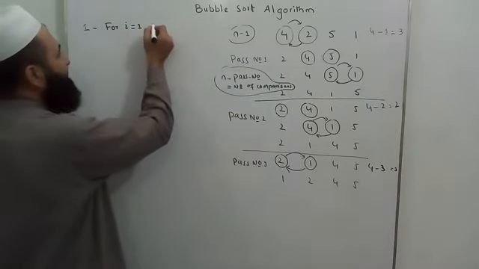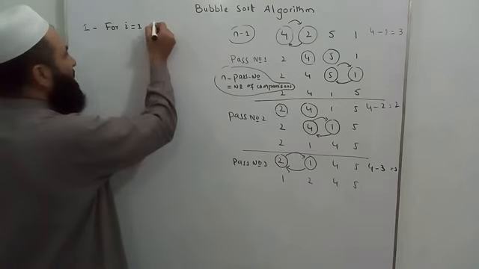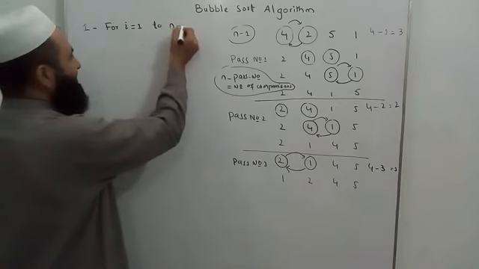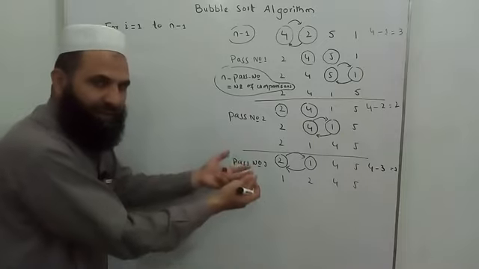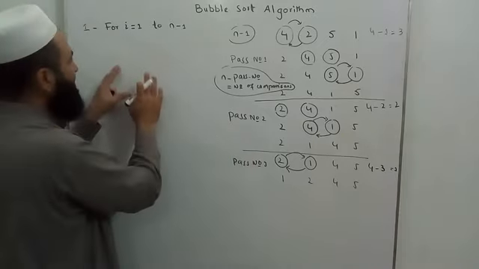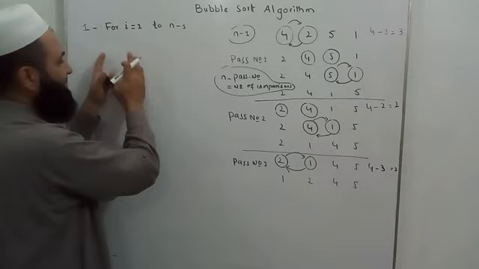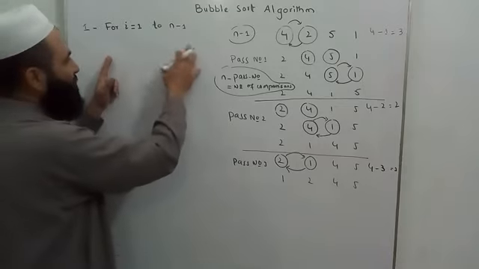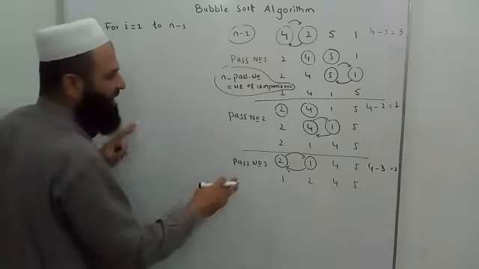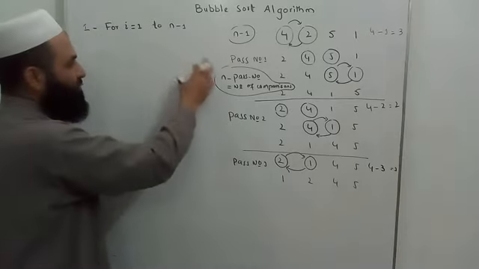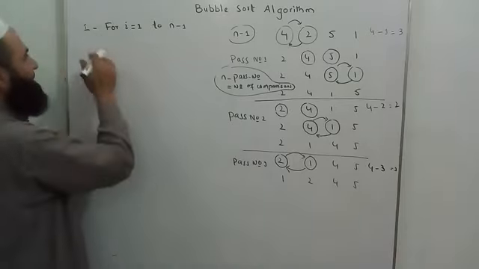So for I equal to 1, 2, how many passes will we need? n-1. We will generalize this, and then apply it to the algorithm. This will control the number of passes, starting from I equal to 1, then I equal to 2, I equal to 3, and so on up to n-1. n-1 passes we will need in this algorithm.